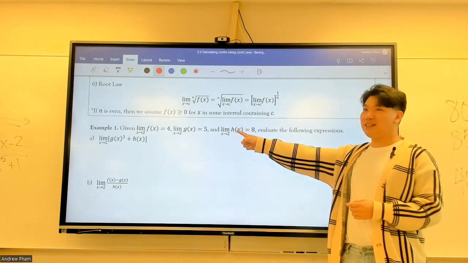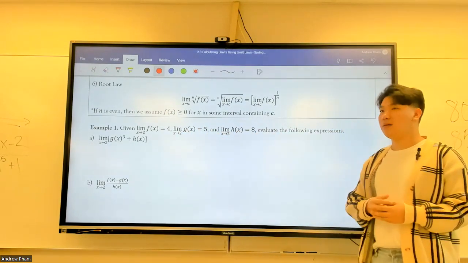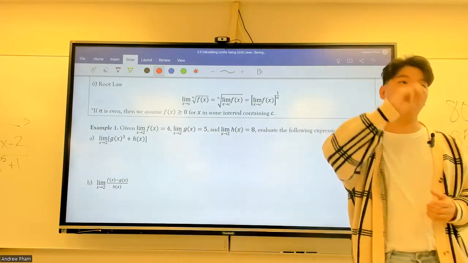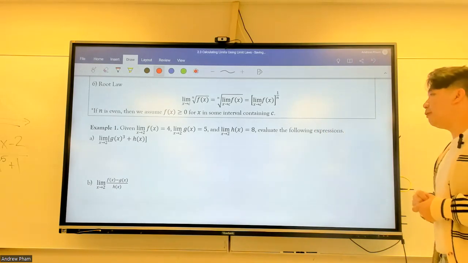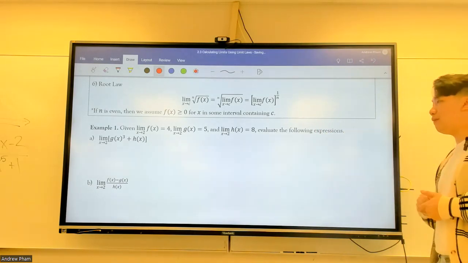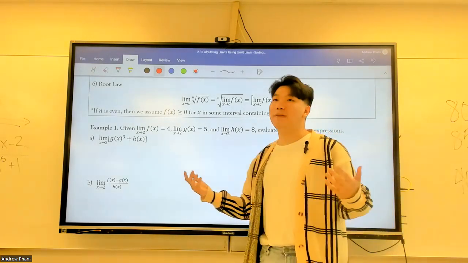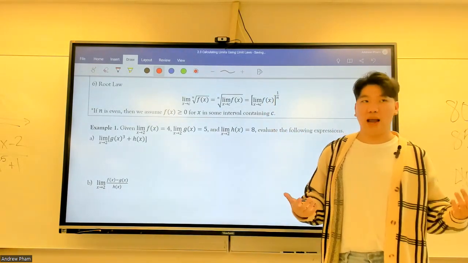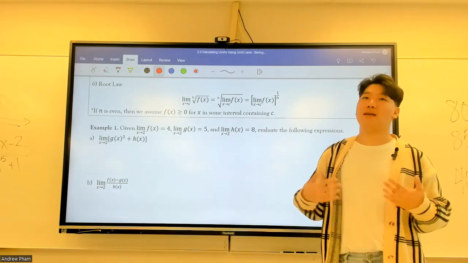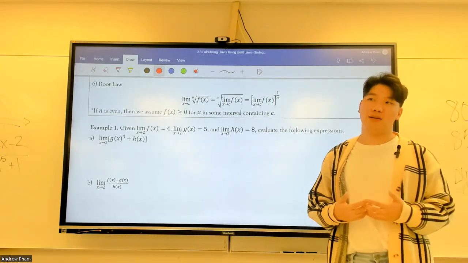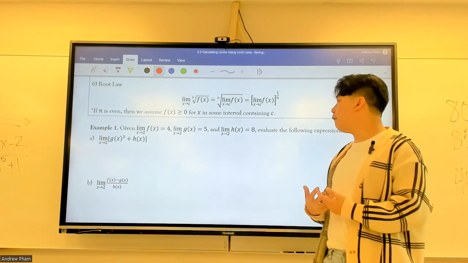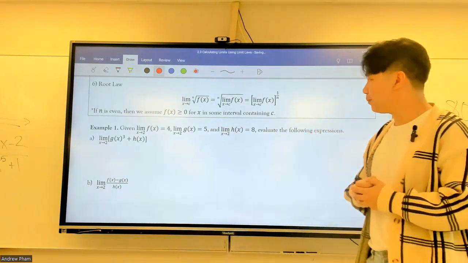And the limit of h is 8. I gave you 3 separate limits, and I want you to evaluate the following limits that I've listed here. I have no idea what the function actually is, and I don't really care. All I know is that the limits as x goes to 2 of each of these functions are 4, 5, and 8 respectively.